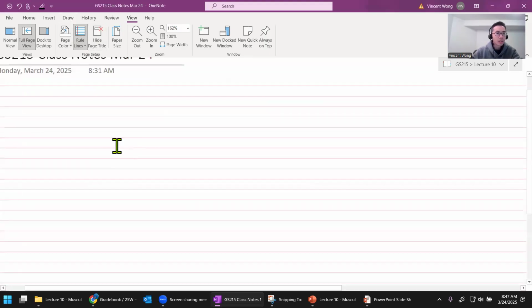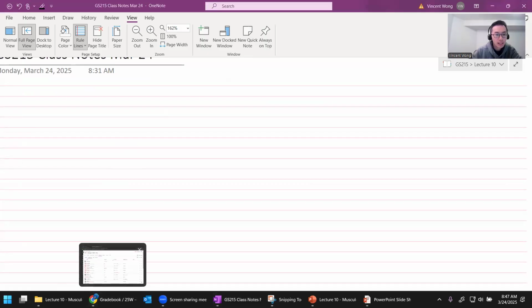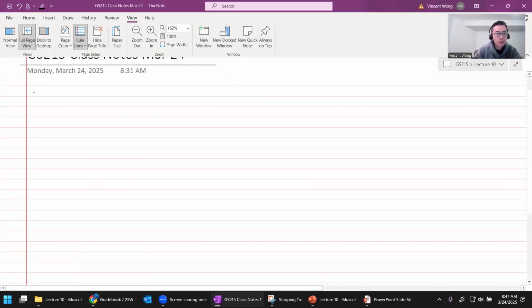This note is called structure of compact bone.